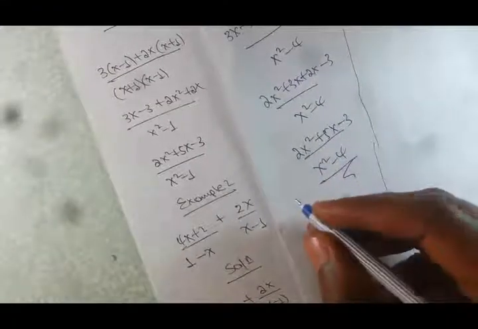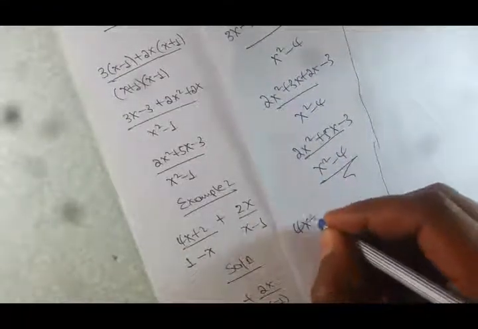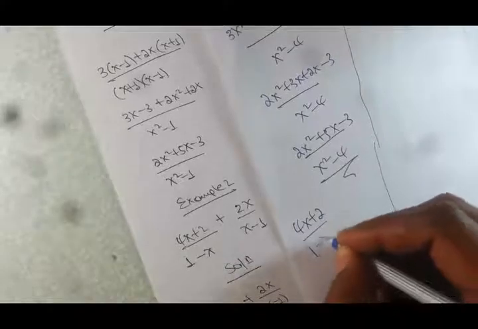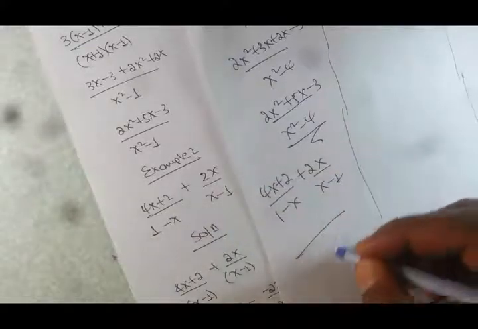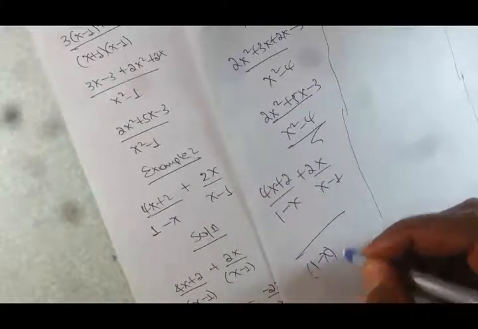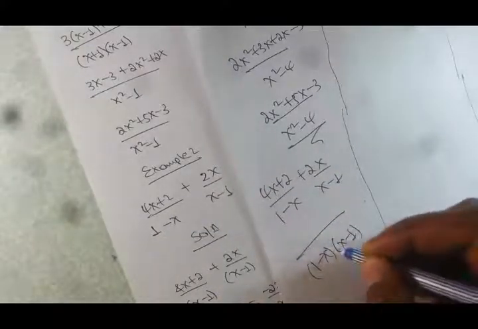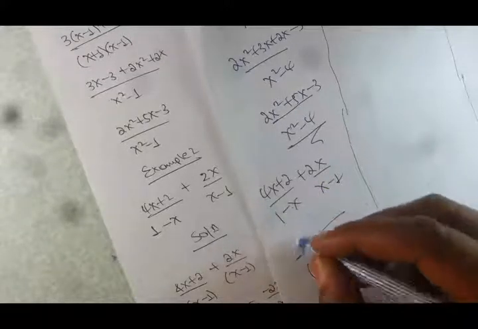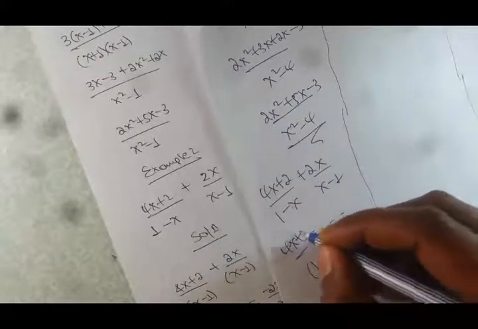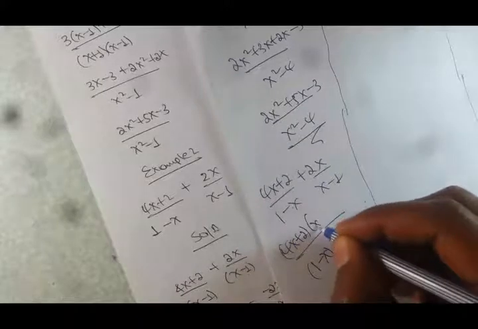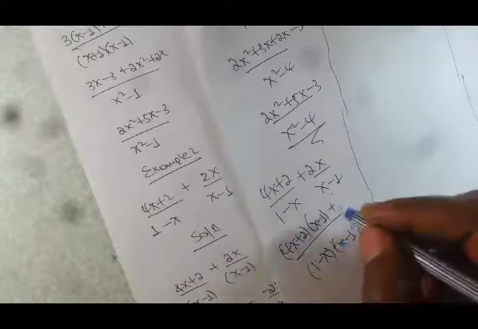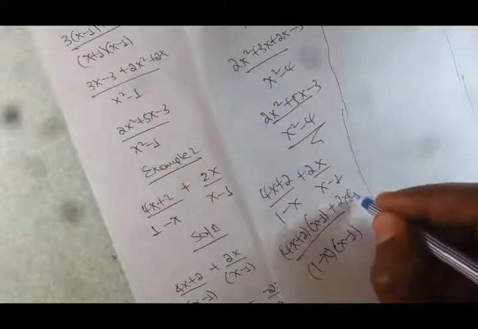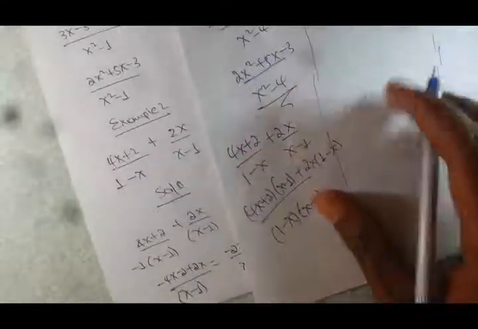And example 2 says that 4x plus 2 over 1 minus x plus 2x over x minus 1. The common denominator is 1 minus x times x minus 1. When you divide this by this, x minus 1 will be left. Therefore 4x plus 2 times x minus 1 plus, when you divide this by this, 2x times 1 minus x will be left.